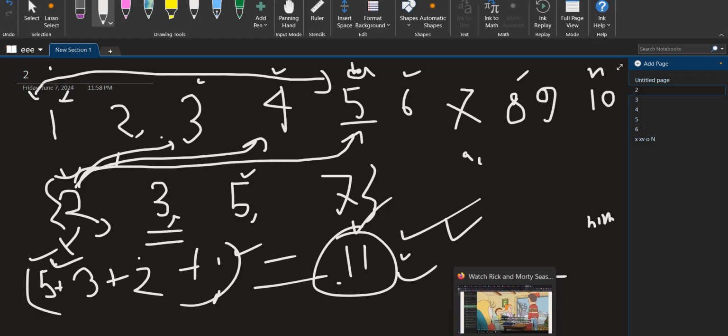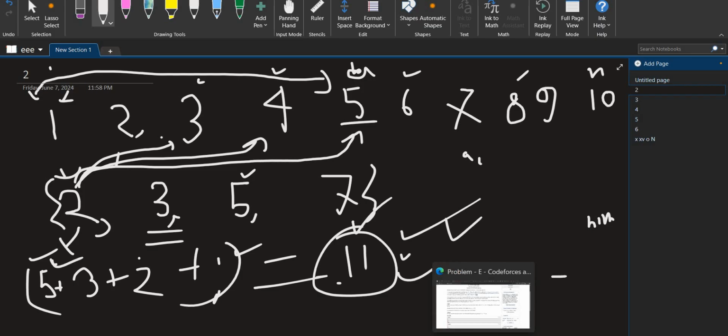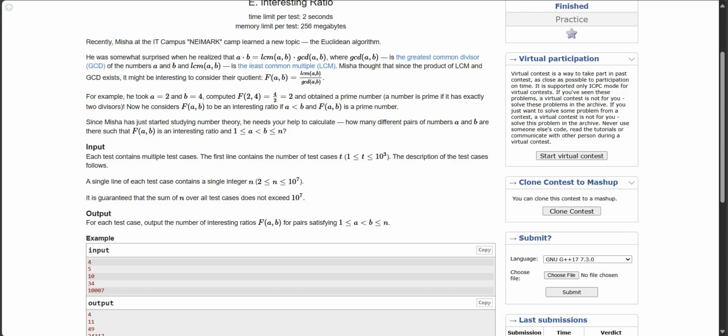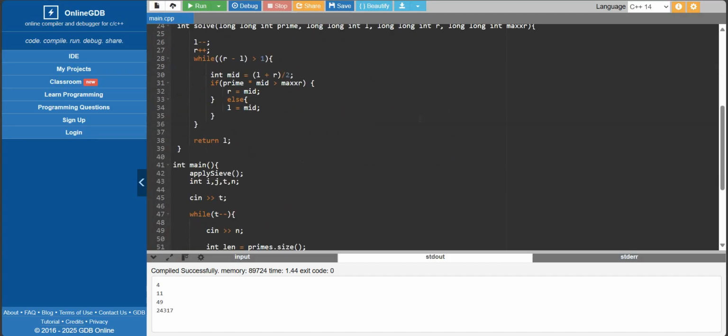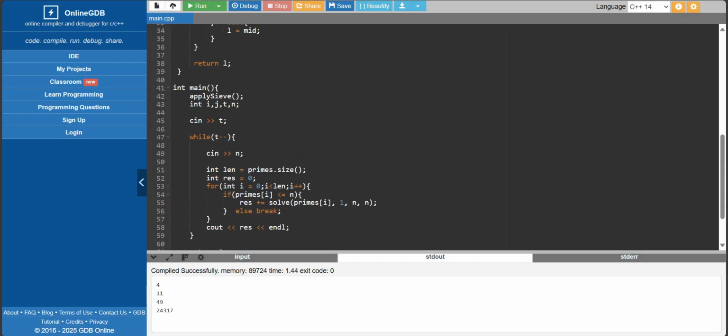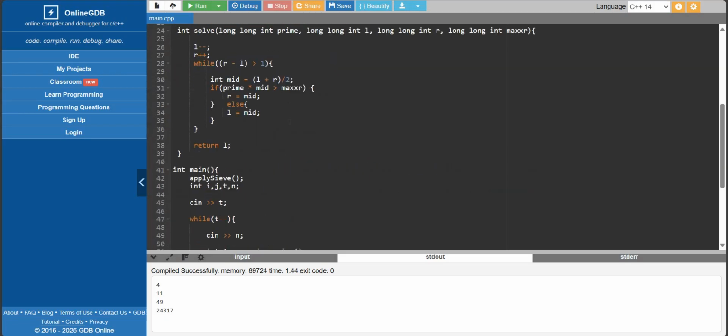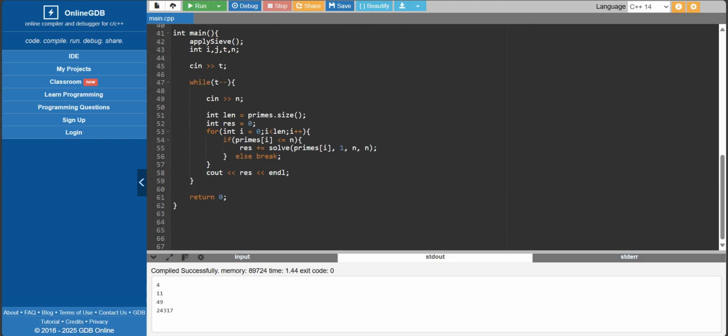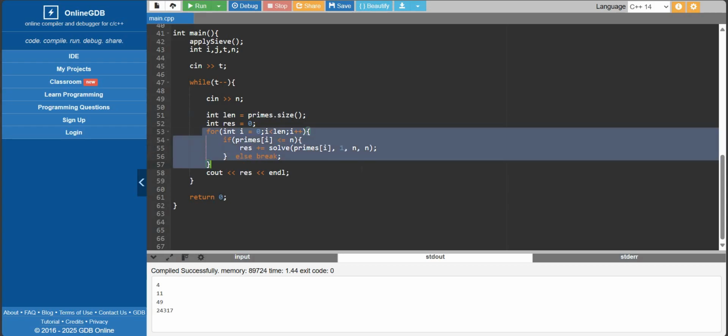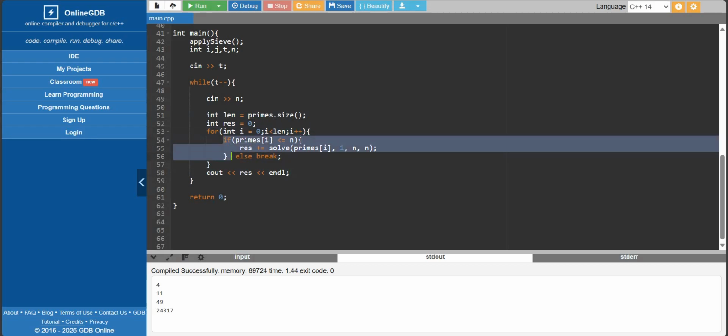So if I take a look at the code section, I think you're going to understand more. Okay, so here we are. The sieve part: we're going to apply sieve to find all the possible prime numbers up until 10 to the power 7. For each test case, we take n, traverse each prime number, and see if it lies within the range, and then we call a solve function.